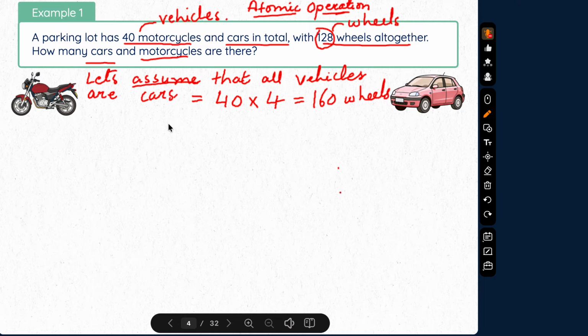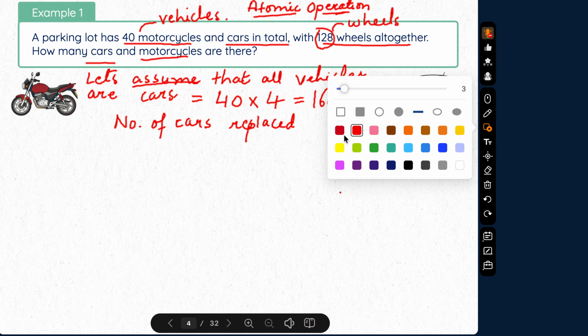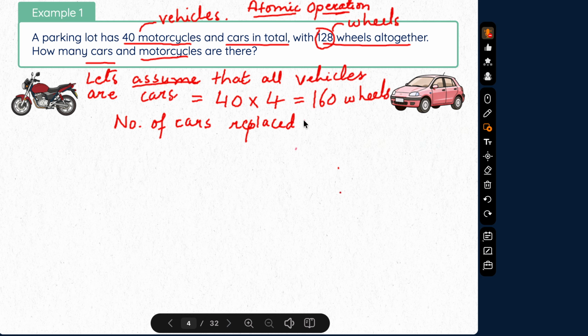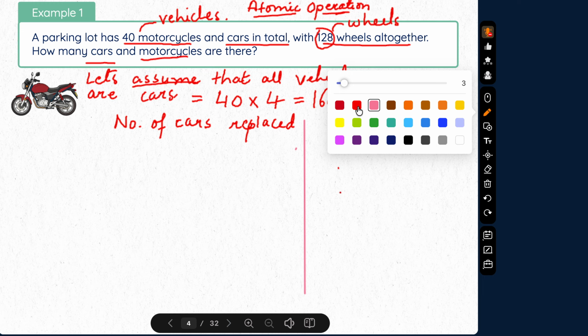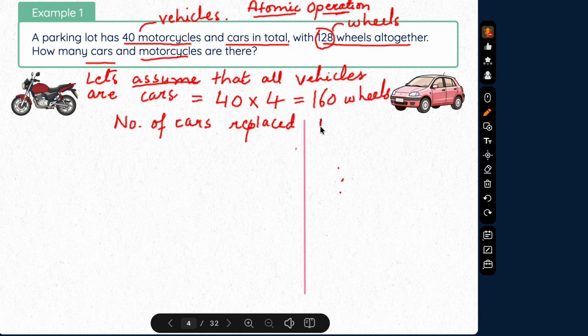Right. Now, I'll make a table in which on one side I'll write the number of cars replaced, and on this side I'll have the number of wheels, right?